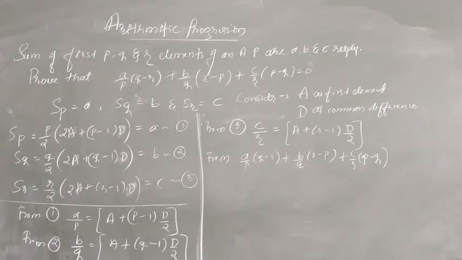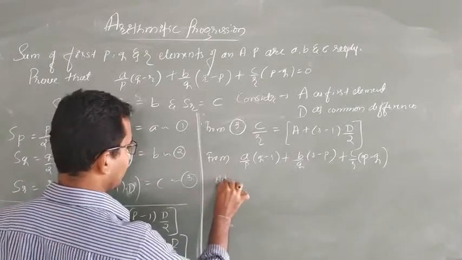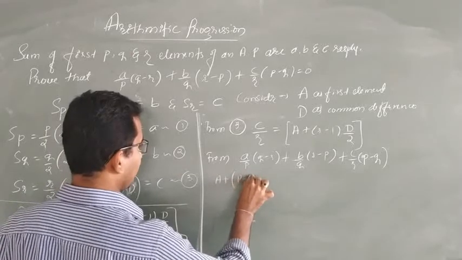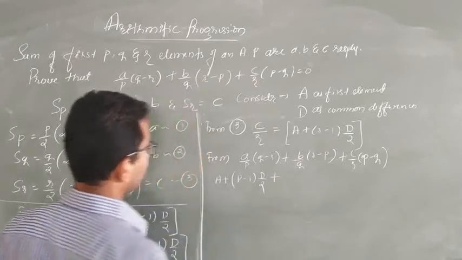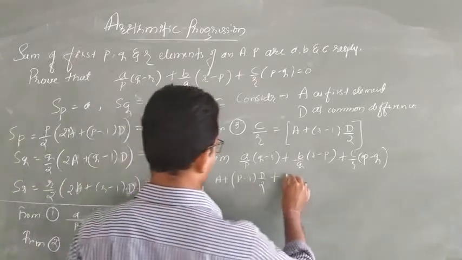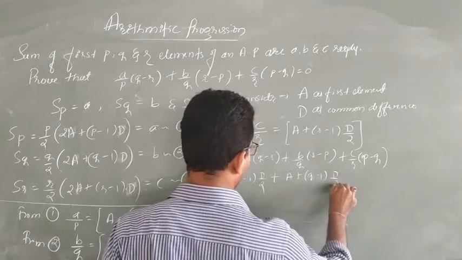So here, in place of a by p, I will substitute a plus p minus 1 into d by 2. Next, plus b by q, that is a plus q minus 1 into d by 2.